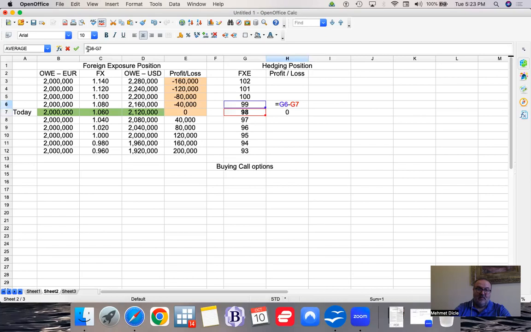Now, again, remember, this is 100 shares. So notice what I'm doing right here. I just took 99 minus 98 and multiplied it by 100 shares. Each option contract is 100 shares of FXE. Again, remember, the FXE is actually 100 euros. And that's how many euros of a profit that we would have.